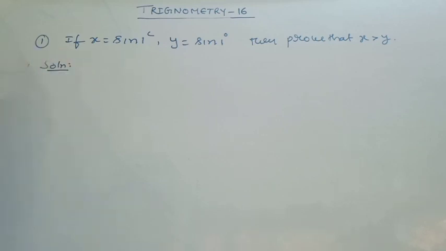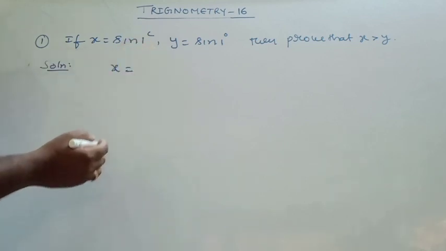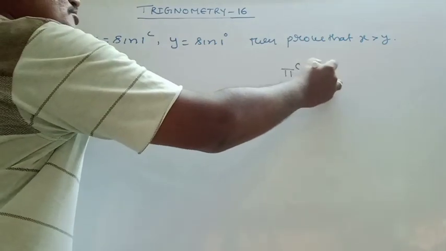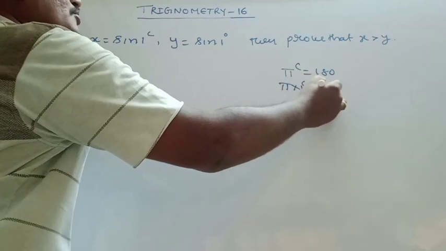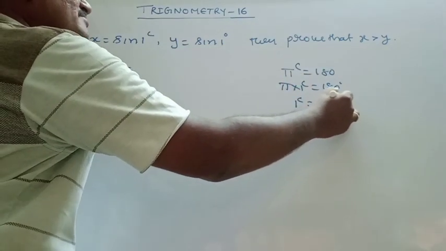You see, my dear students, here x is equal to sine 1 radian. You know that pi radians is equal to 180 degrees, so 1 radian is equal to 180 degrees by pi.